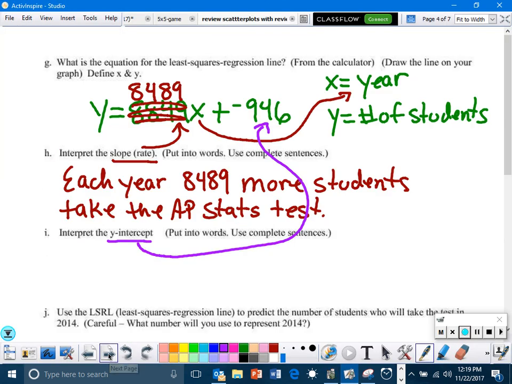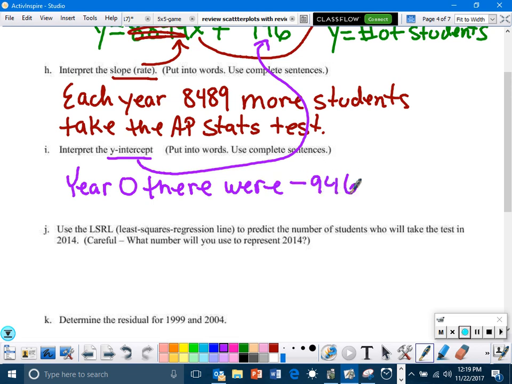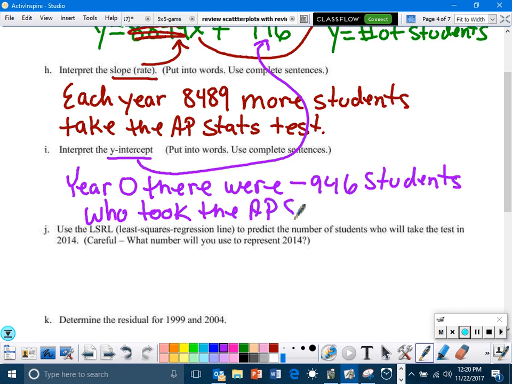Okay, so year 0, this is what it's saying. Year 0, which there can't be, there were negative 946 students who took the AP Stats test.